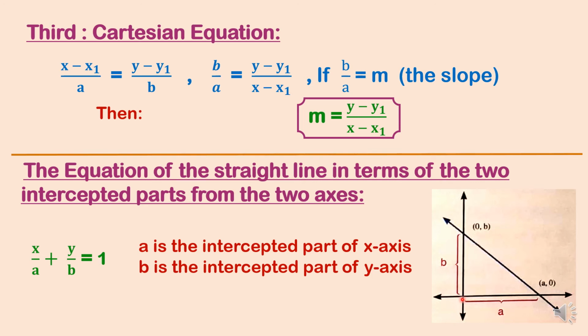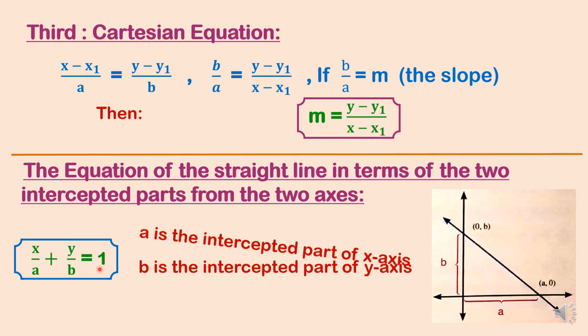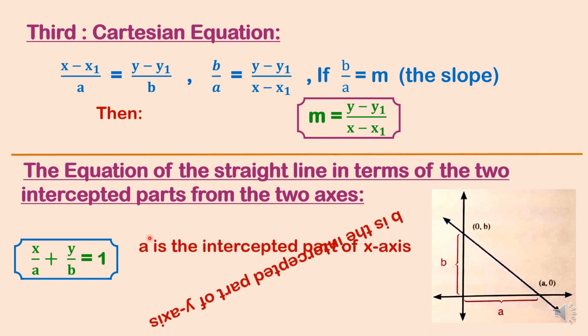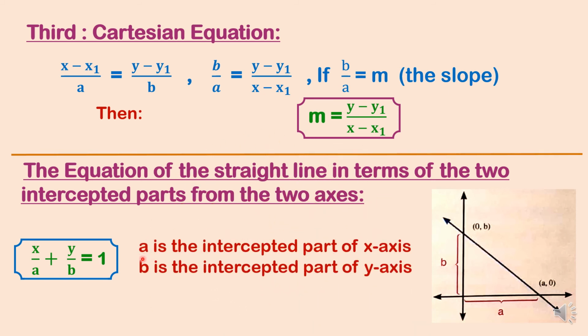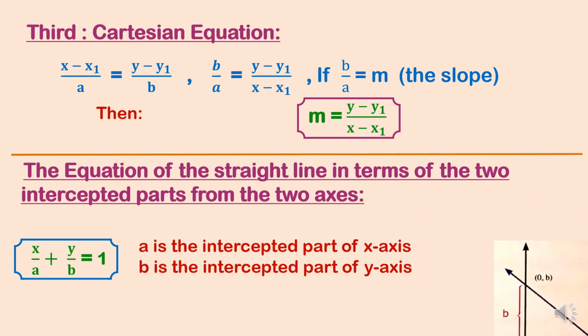So the intercepted part of the x-axis is A, and of the y-axis is B. Then x over A plus y over B equals 1.